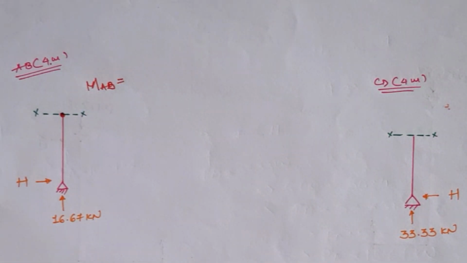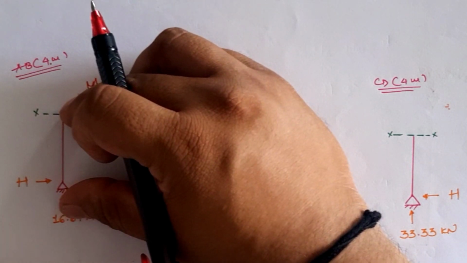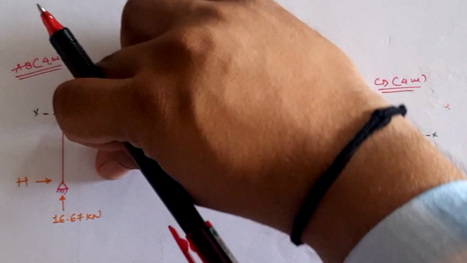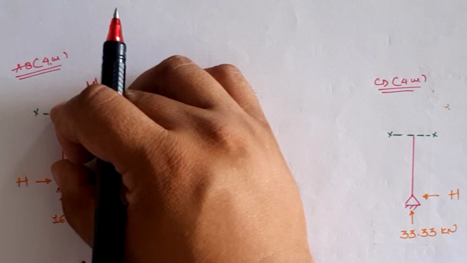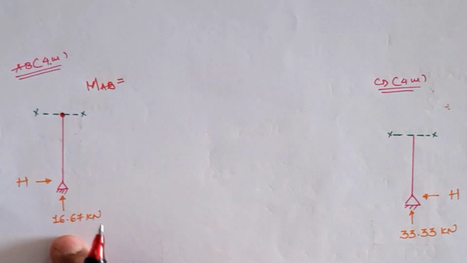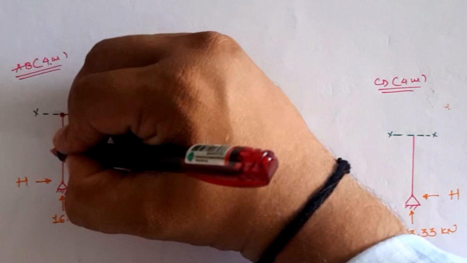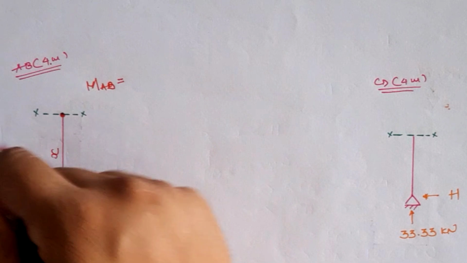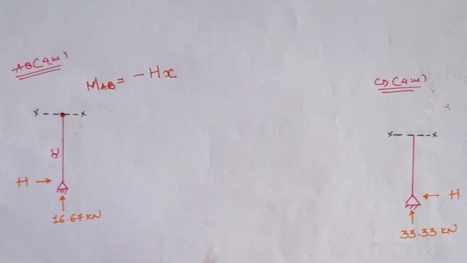At location X, if we assume this part as the left hand side part and anti-clockwise moment as negative, then 16.67 into perpendicular distance is 0, hence the moment due to 16.67 is 0, and H into span distance X in anti-clockwise direction is negative, hence the moment is minus H into X.